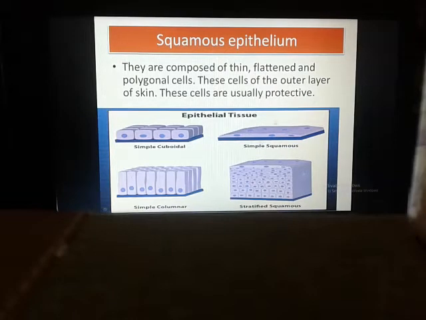Some structures are flat, flattened-like, and very thin, and some are polygonal cells. These cells form the outer layer of the skin, and are usually a protective layer.